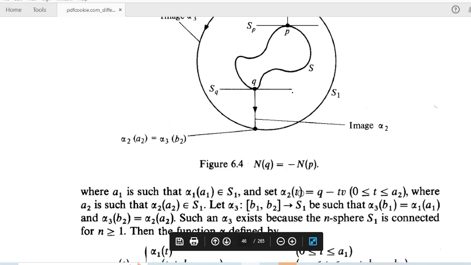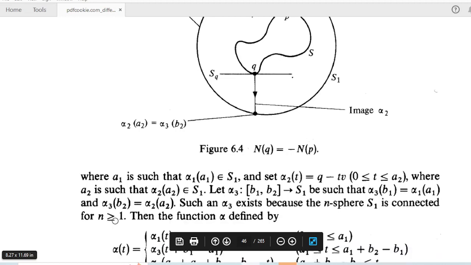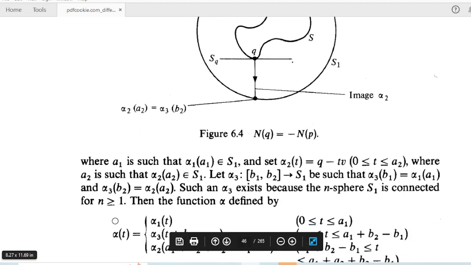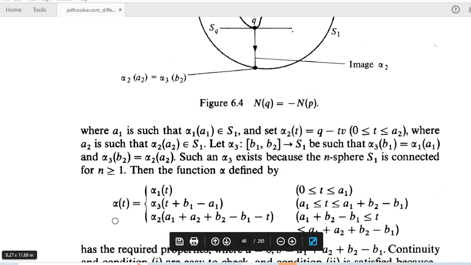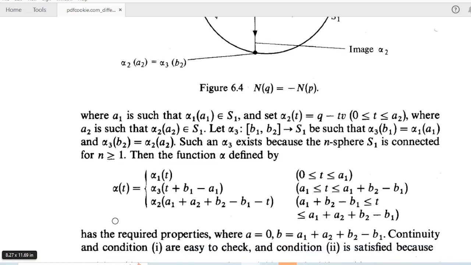And set alpha 2 of t equal to q minus tv, where a2 is such that alpha 2 of a2 belongs to S1. Let alpha 3 from closed interval b1 b2 to S1 be such that alpha 3 of b1 equals alpha 1 of a1 and alpha 3 of b2 equals alpha 2 of a2.